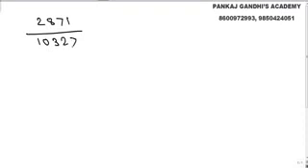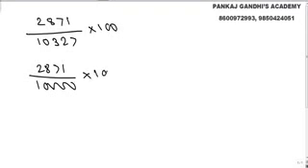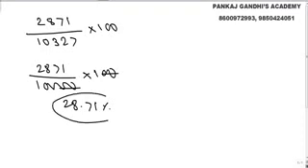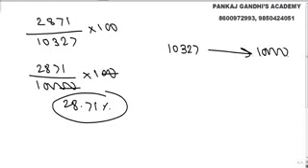Now let's say we are supposed to calculate 2871 is what percent of 10327. So now roughly let's say we make it 2871 upon 10,000, 28.71%. But we have reduced the denominator from 10,327 to 10,000 by 327.